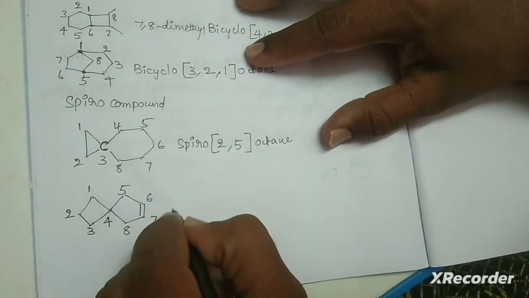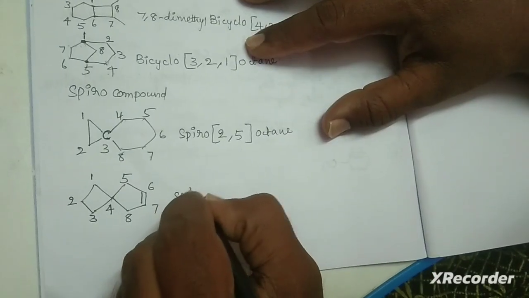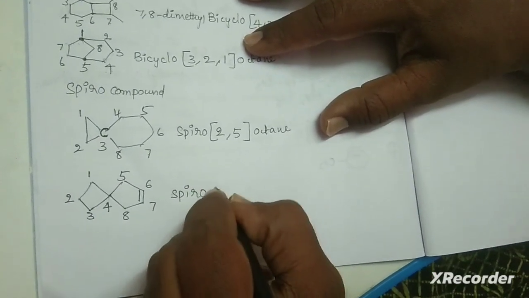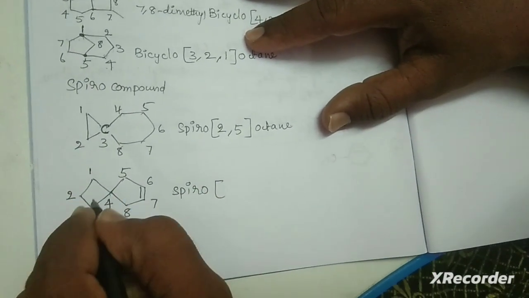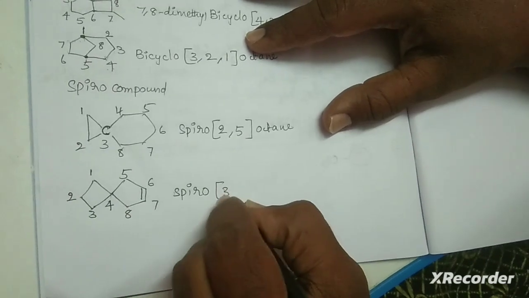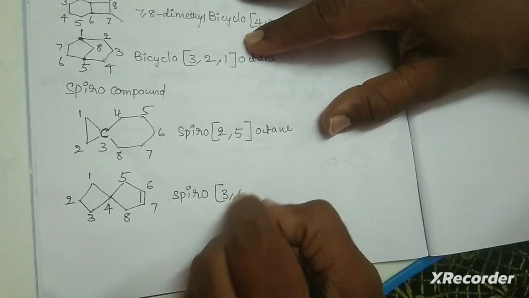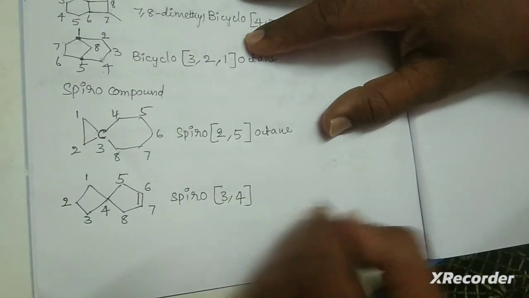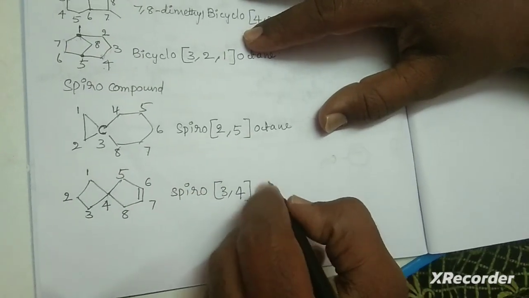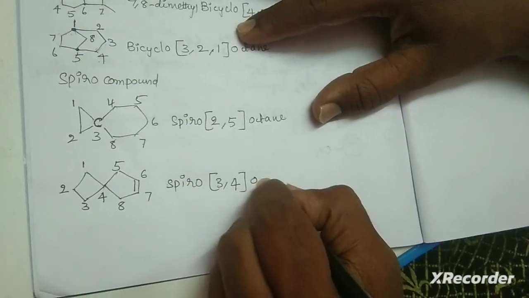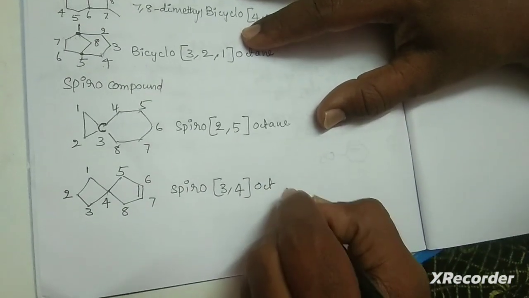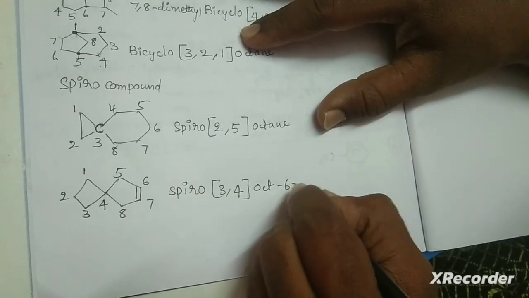So spiro, 3 carbon atoms in the smaller ring, 3 comma, 4 carbon atoms in the bigger ring, 4, oct, 6 ene.